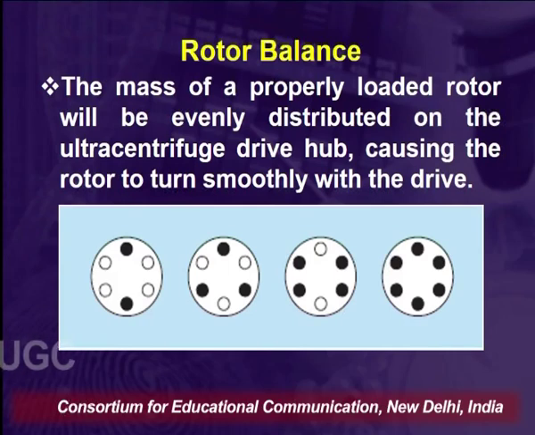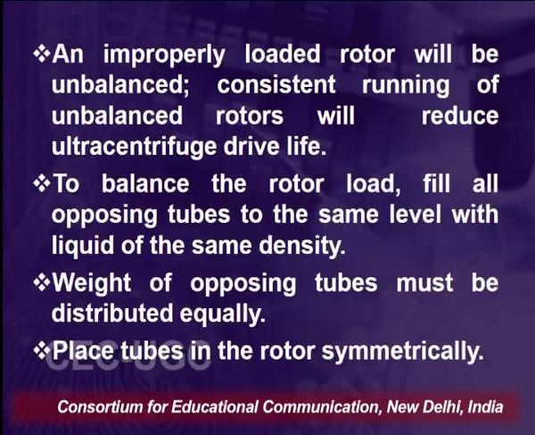The most important thing when we are doing centrifugation is that we have to balance the rotor. The mass of a properly loaded rotor will be evenly distributed on the ultracentrifuge drive hub, causing the rotor to turn smoothly with the drive. Depending on whether we have 2, 3, 4 or 6 samples, they should be evenly balanced. If our rotor is unbalanced, it will not rotate properly. A balanced rotor means filling all opposing tubes.